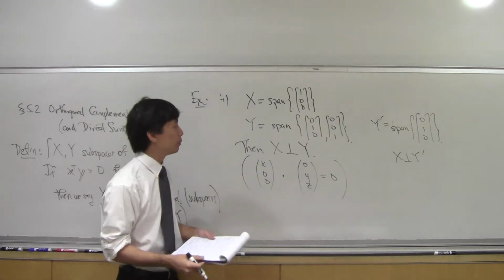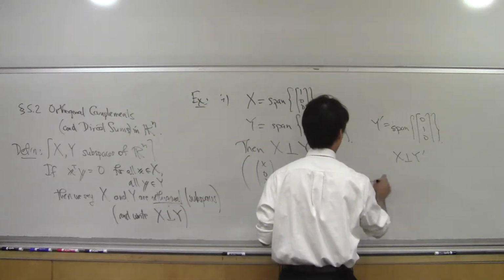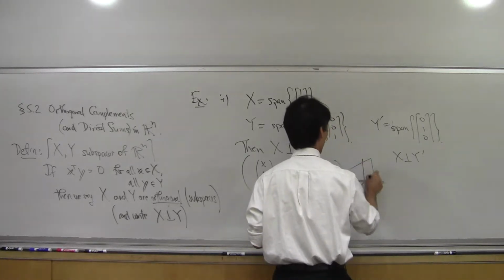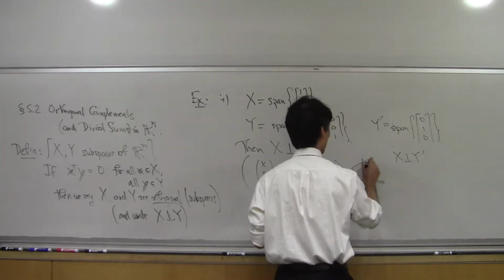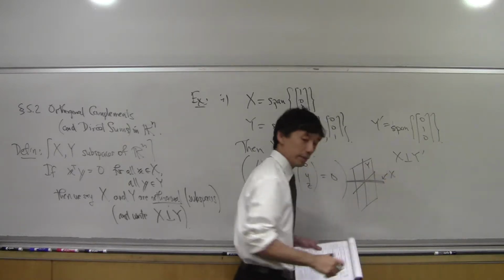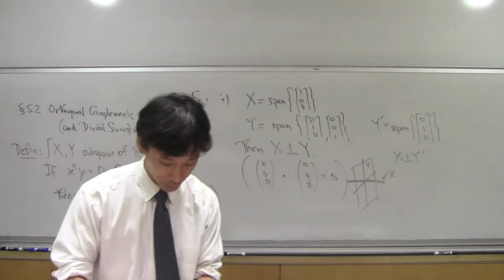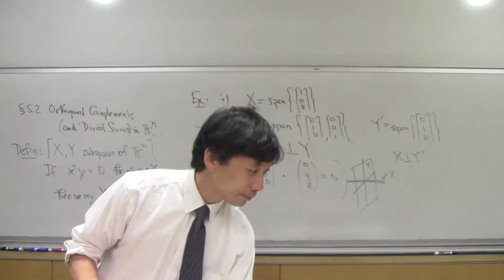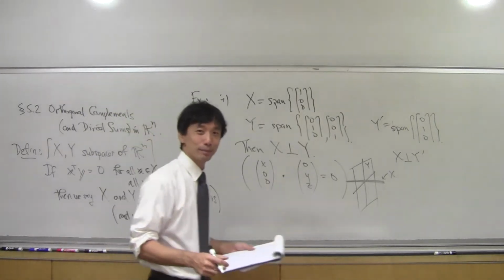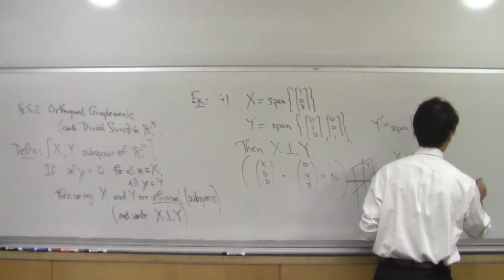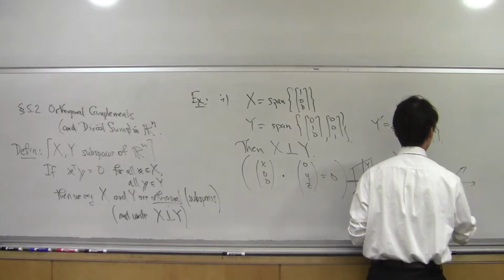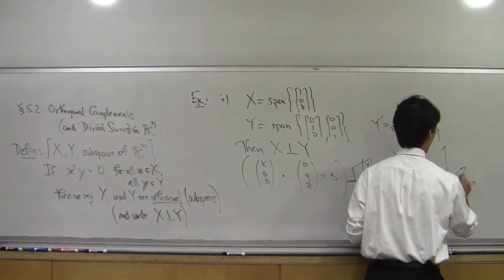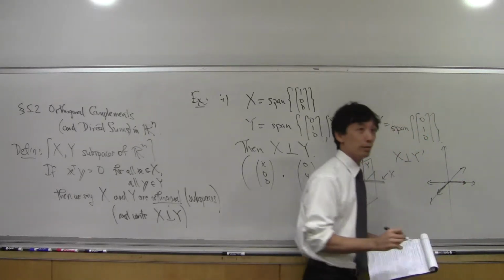On the left I have the X-axis and the YZ plane. On the right I have the X-axis and the Y-axis, and of course anybody on the X-axis is going to be perpendicular to anybody on the Y-axis.